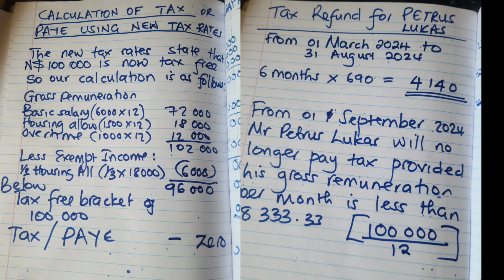But it should be noted that if in any month Comrade Petrus works overtime, let's take for example, overtime of $1,667, it means in that month, if we add 1,667 to what he's earning, suppose he's earning that 8,333 per month, he is now earning 10,000. So we say the amount that is above $8,333, that extra 1,667, is now taxable at 18%.